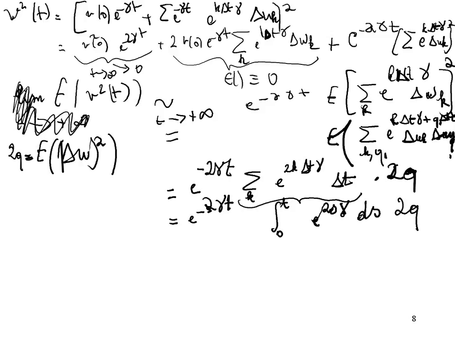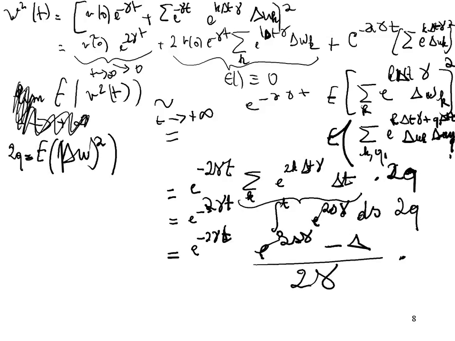So finally, for this calculation we are just left with a classic integral to calculate, which is the expectation of exponential of minus 2 gamma t, multiplied by exponential of 2s gamma divided by 2 gamma, minus 1, multiplied by 2q.